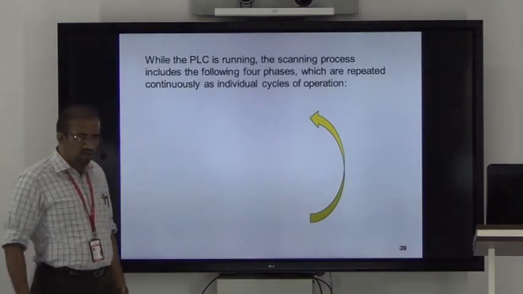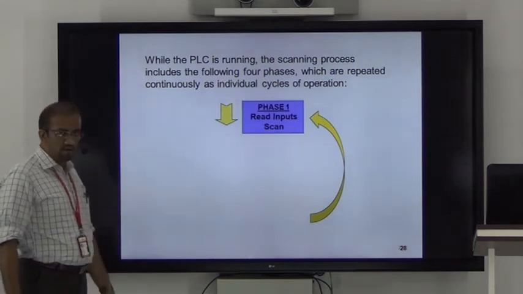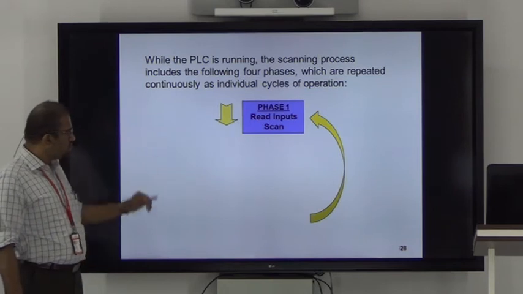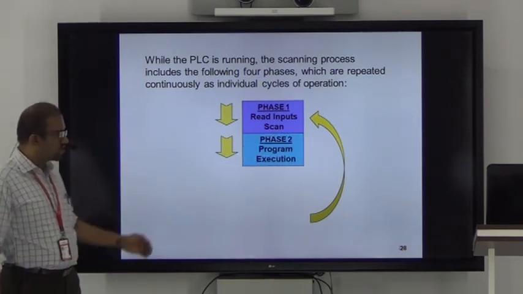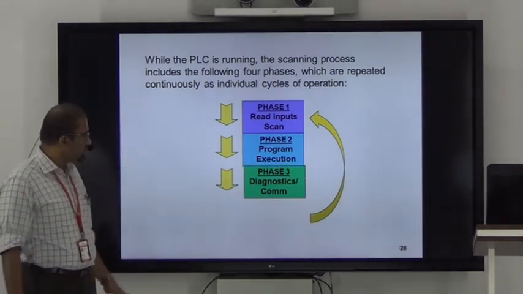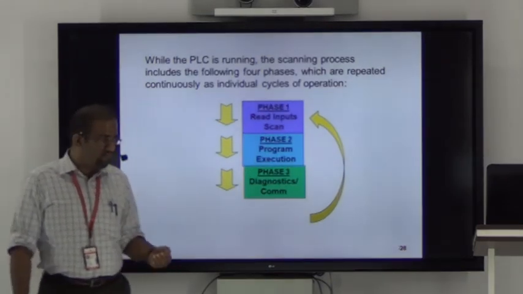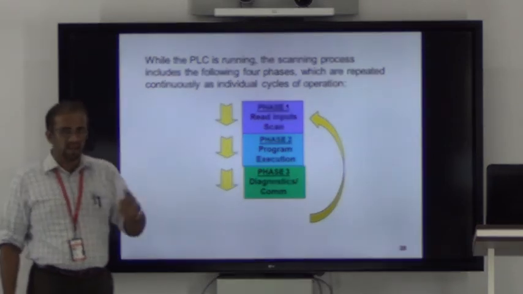Now, coming to the explanation of the PLC scan cycle. In the first phase, inputs and outputs are read. In the second phase, the program is executed. In the third phase, that is diagnostic and communication. Diagnostic means we have to scan the inputs and the outputs.